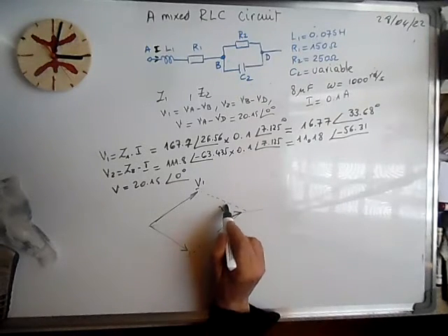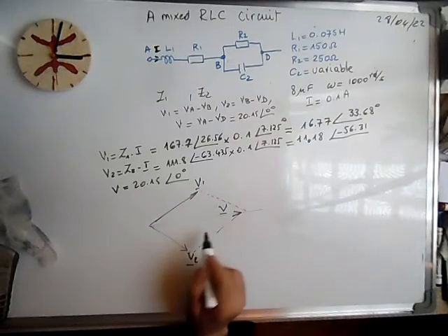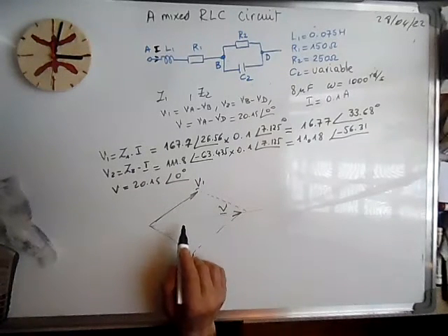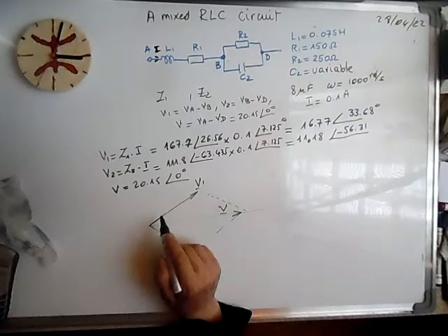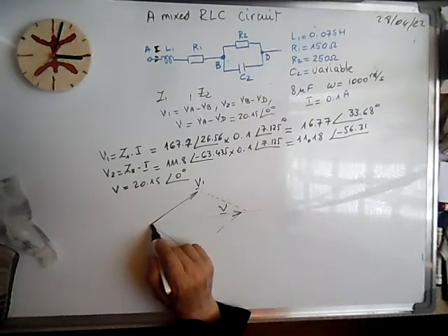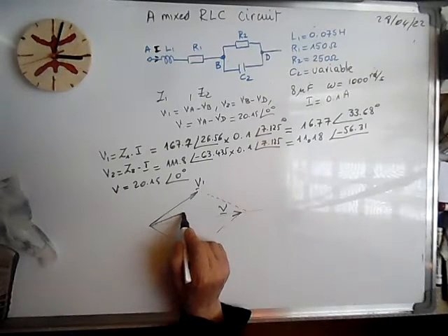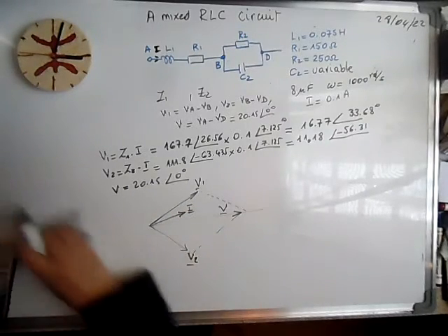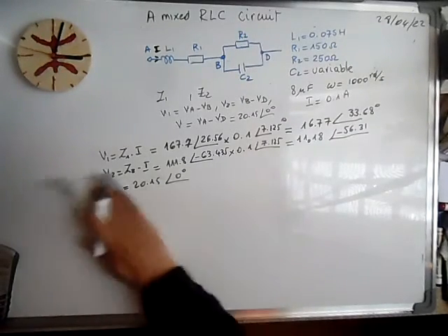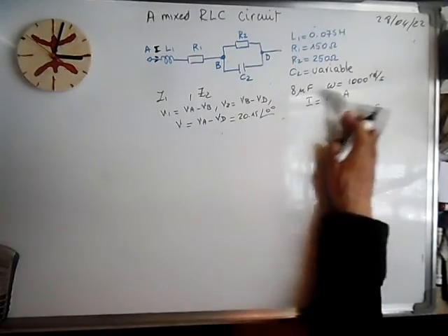This is V, this is V2, and I is leading the voltage, and it's I here. We draw the vector diagram. Now we have to do the next question.